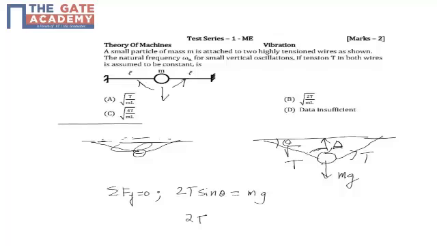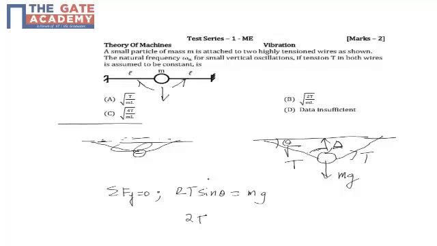Now if you give a small vertical oscillation and leave it, what is happening is you are increasing the angle theta. When you increase angle theta and T is constant, 2T sine theta is increasing.